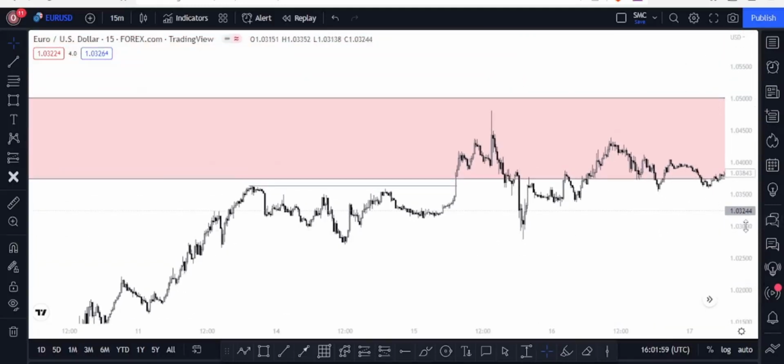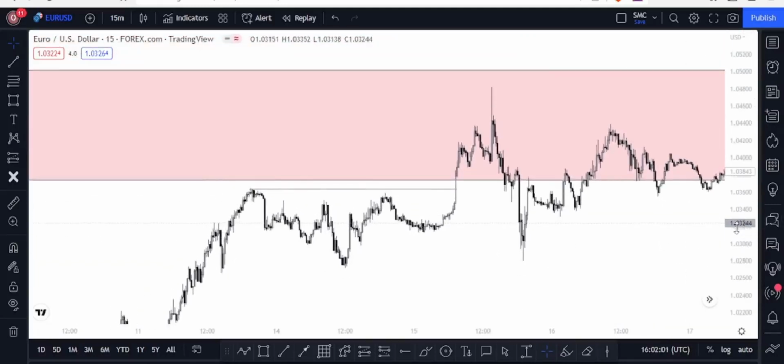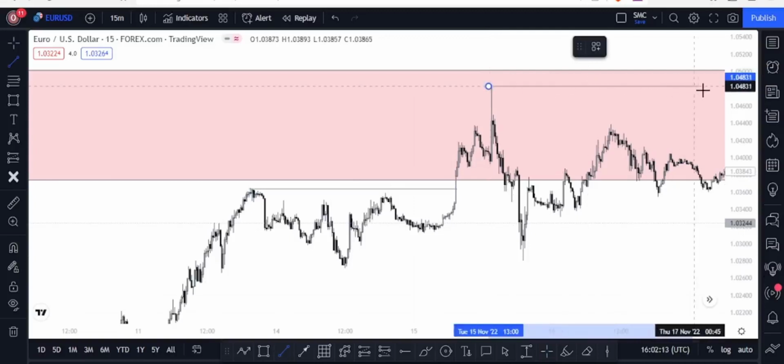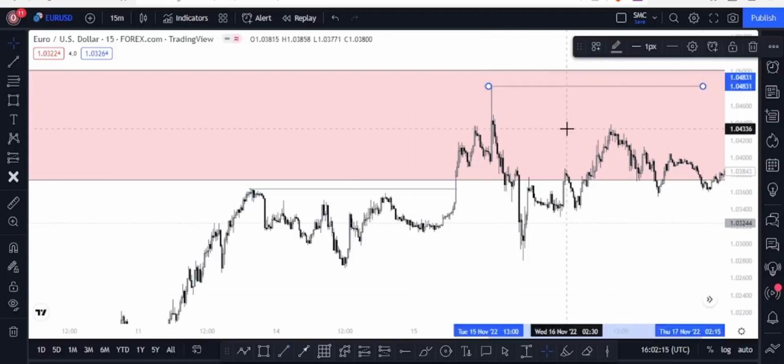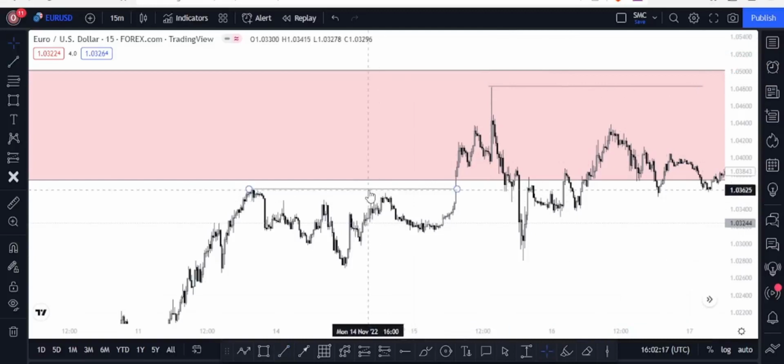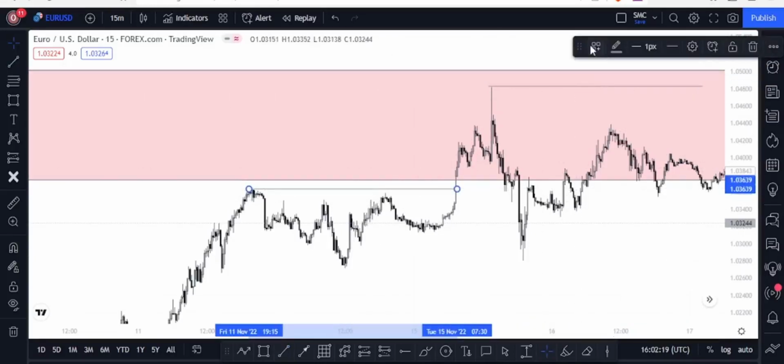After taking out that high, it printed a new high. This is our new high, because here now becomes a break of structure. I want you to understand that.